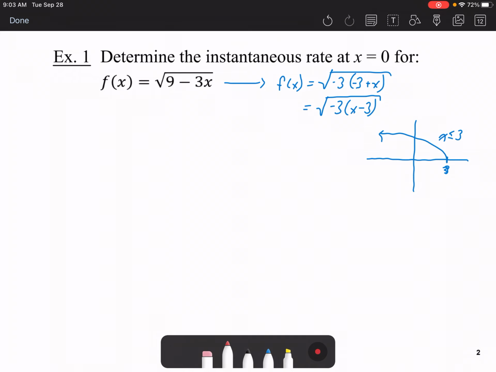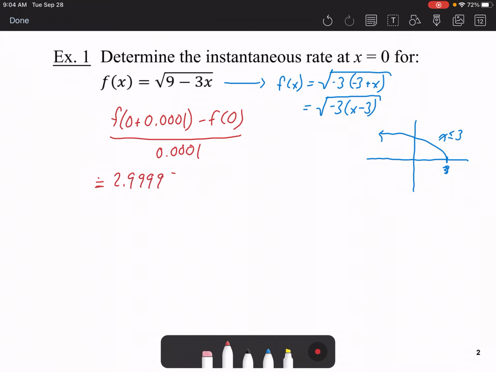So using our difference quotient, we're going to calculate f at 0 plus 0.0001 minus f at 0, all over 0.0001. Use your calculator and keep all the values accurately. Although you're keeping the values accurately, the values shown are rounded or approximated, so they're not exactly the right value that you see there.